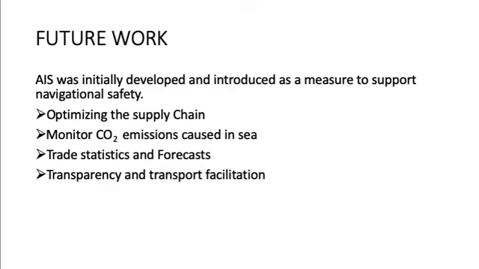So, as a future work, the AIS dataset can be used to optimize the supply chain, or it can be used for environmental reasons, for example, monitoring the CO2 emissions caused by the sea vessels in the sea, or they can be used to forecast trade statistics in advance, enabling the policymakers to change the economic and trade policies accordingly, and it can also be used as a means of transparency as well as transport facilitation.